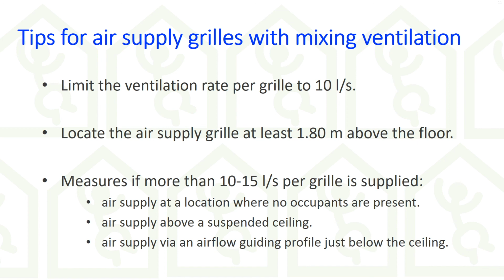If more than 10 to 15 liters per second per grill is supplied, take measures, such as locate air supply at a location where no occupants are present, locate air supply above a suspended ceiling, or provide air supply through an airflow guiding profile just below the ceiling.